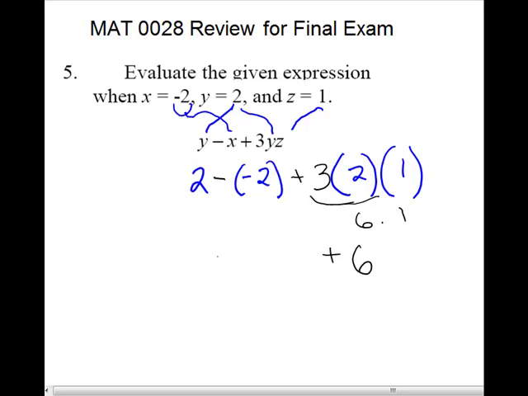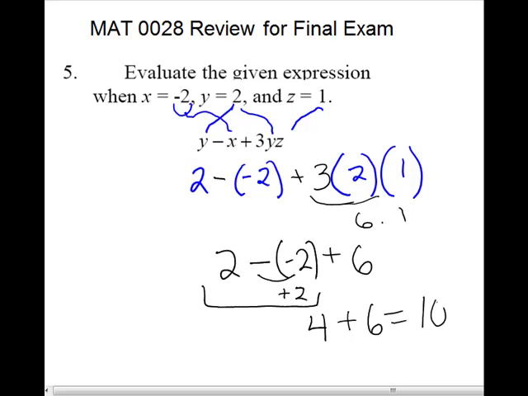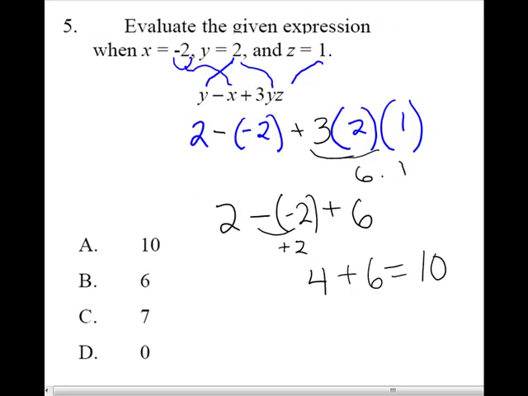So we have 2 minus a negative 2. Then we'll go across left to right because this is really just add and subtract level. So for our first one, remember when you have minus a negative, that makes a plus. So 2 plus 2 is 4, plus 6 gives us 10. So our choice this time is A.